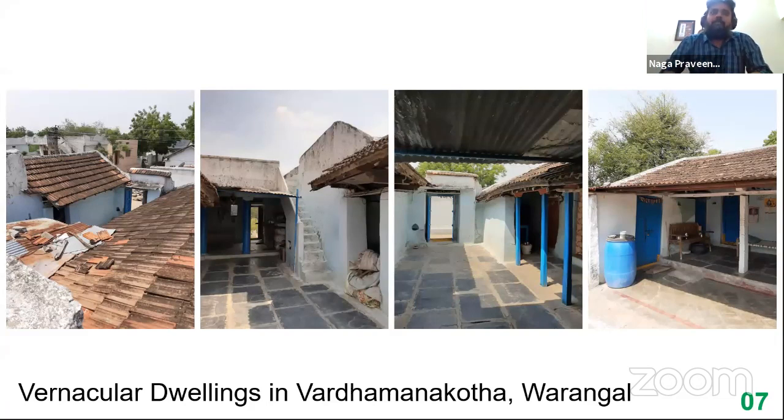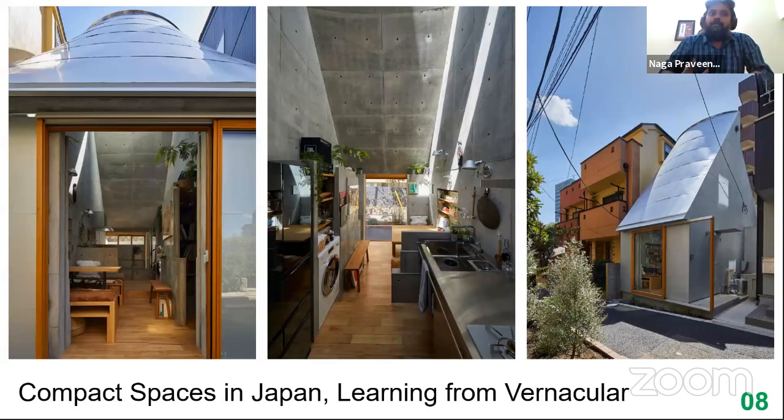One example that I would like to take, a country from which we have to learn a huge amount in terms of space planning, is Japan. Japan is a country which has continued its built environment traditions, so everything available in its vernacular elements is carried on into its contemporary architecture.